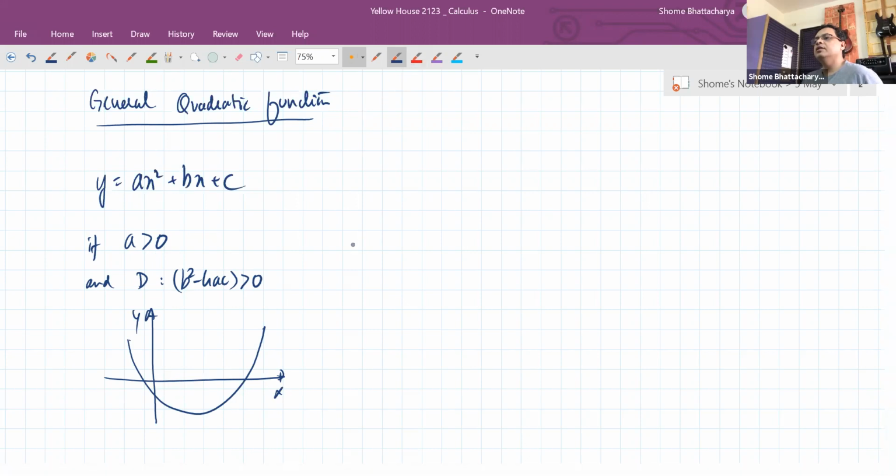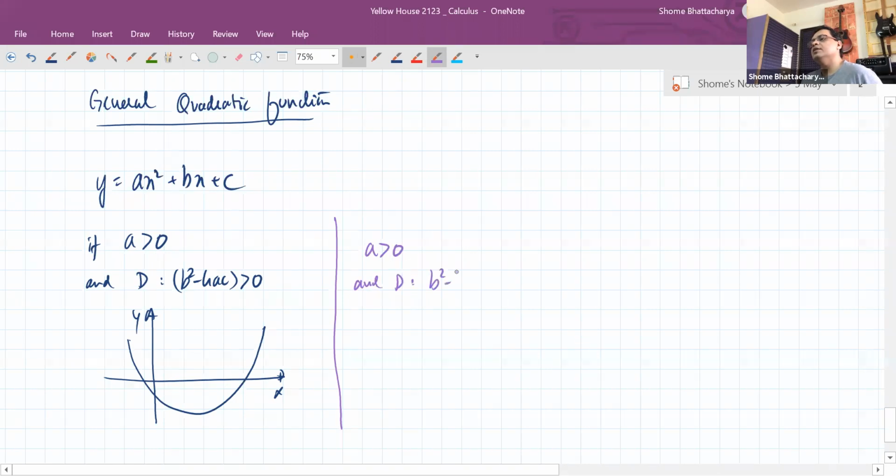But on the other hand, if a is positive, but the discriminant, b square minus 4ac, is less than 0, then this will have a slightly different type of graph. It will have a similar shape, but it will not be intersecting the x-axis because it does not have real roots. So y equal to 0 does not give you real roots. I'm just giving you a couple of examples.